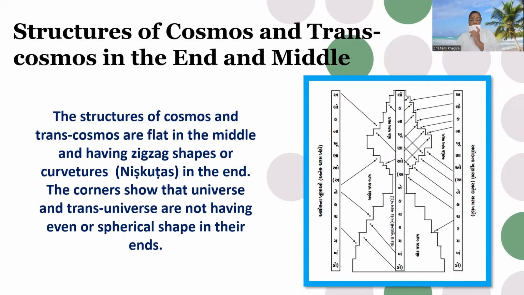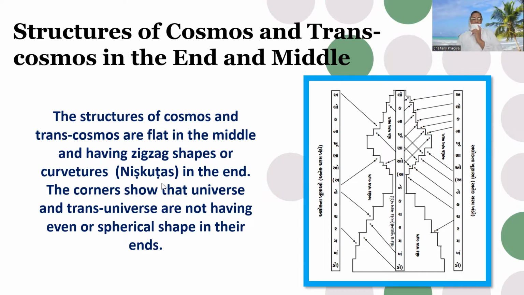But if some living being is taking birth in these corners, which are known as nishkuts, then they can take more than 4 moments to reach these places, which are found in the nishkuts, in the corners of the universe.